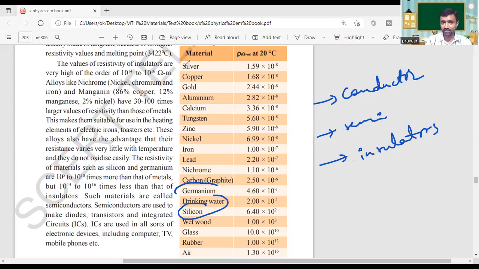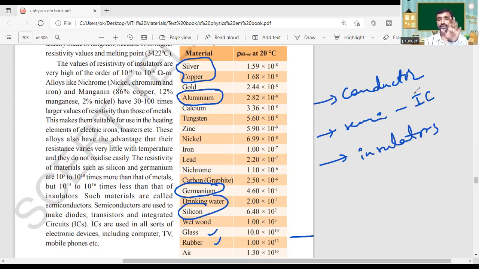Silver, copper, and aluminum we use as conductors, in making of wires. Glass and rubber we use as insulators. These semiconductors are used in integrated circuits, ICs, chips in electronics. So that you need to study in this table.